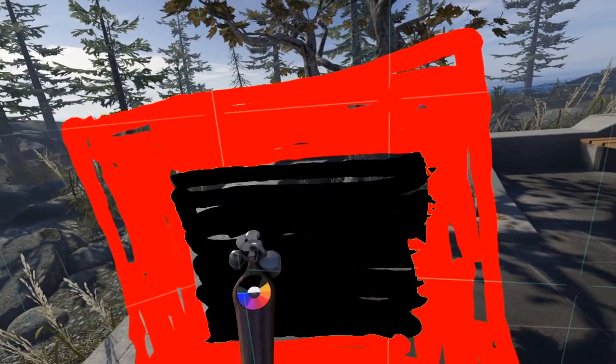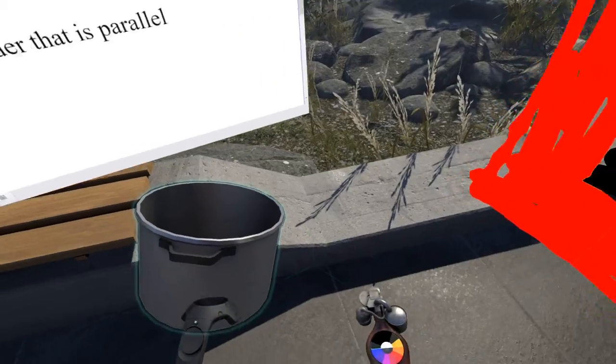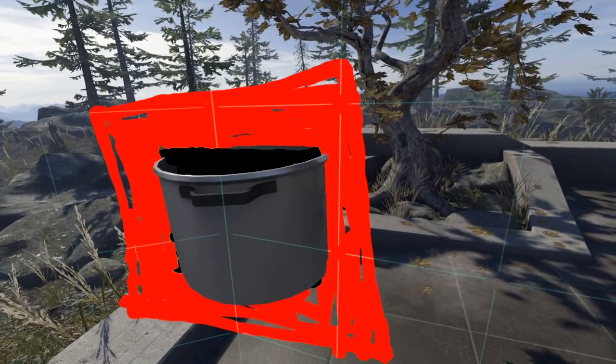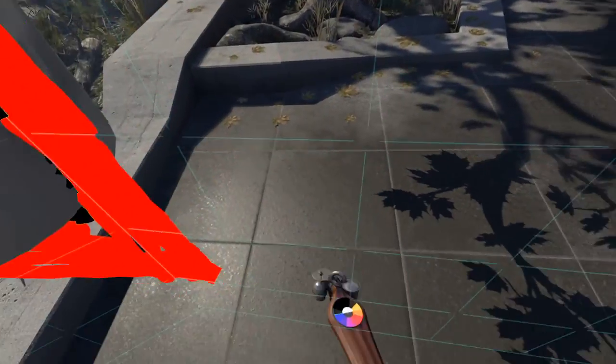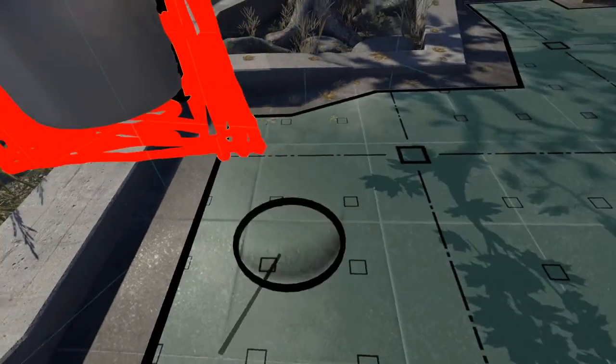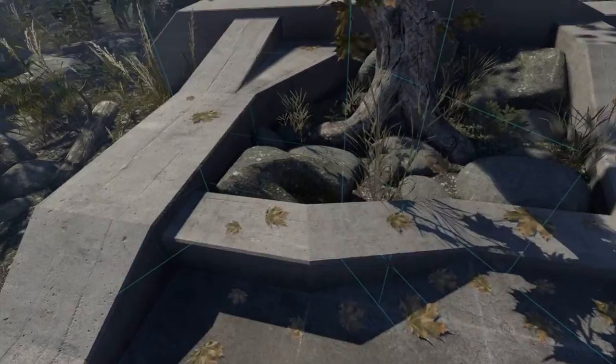And if we put the cylinder back where it was, we can see sort of this cross section in real time. So let's adjust.